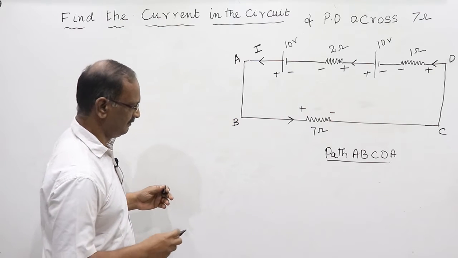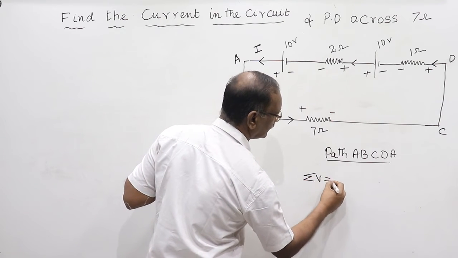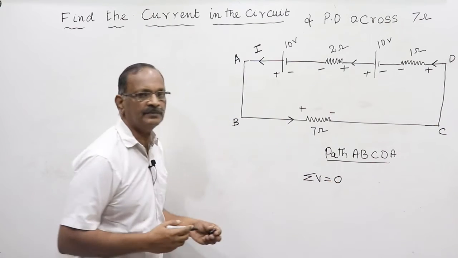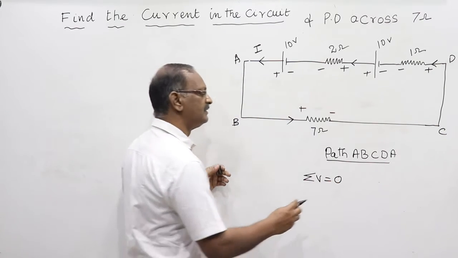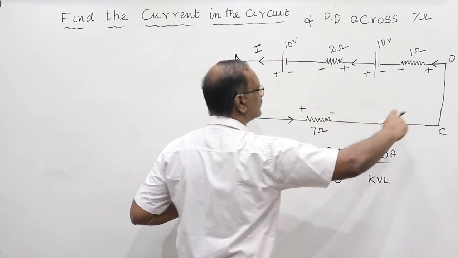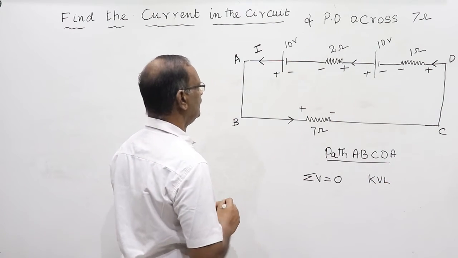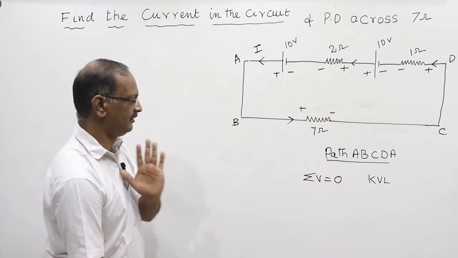When we are moving, the algebraic sum of voltage across the closed path is equal to 0. This is Kirchhoff's voltage law. It says that in this closed path, the algebraic sum of these voltages is equal to 0.